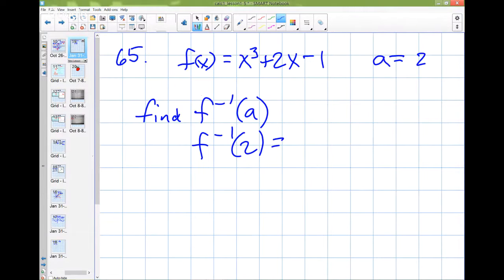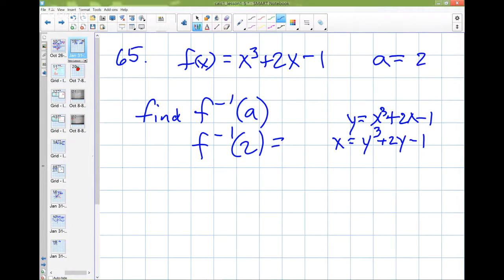Let me show you what I mean. If you take y equals x cubed plus 2x minus 1, swap the variables, you would have this.